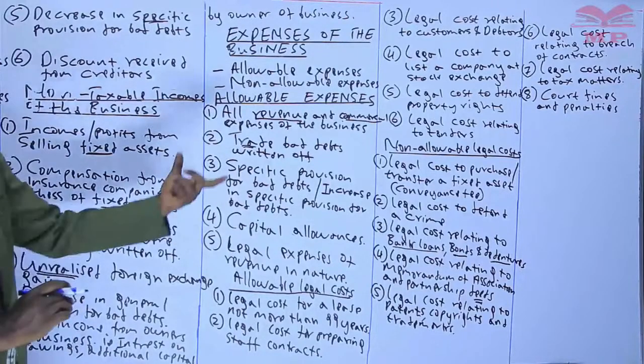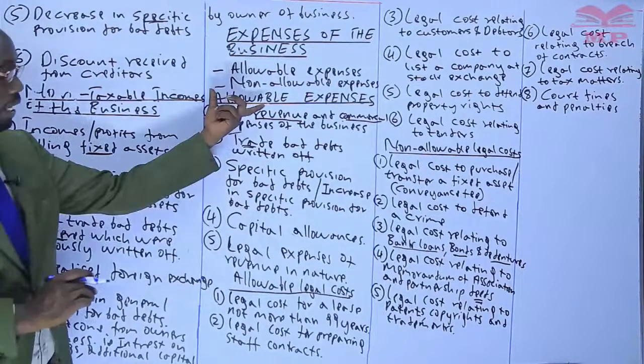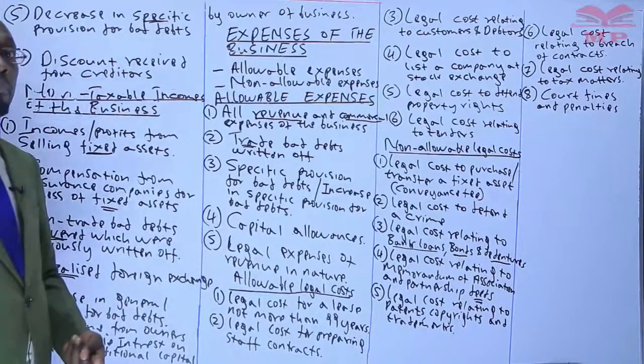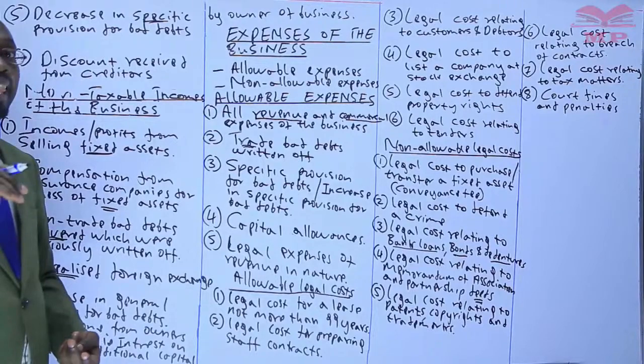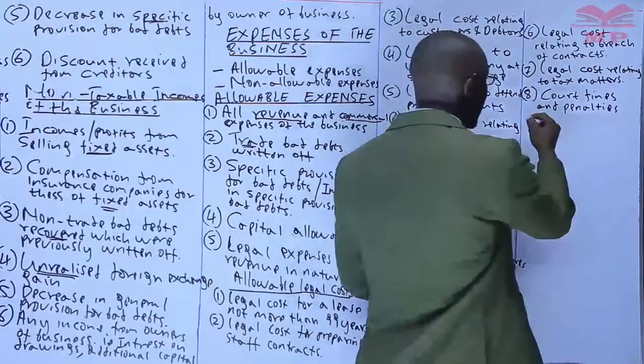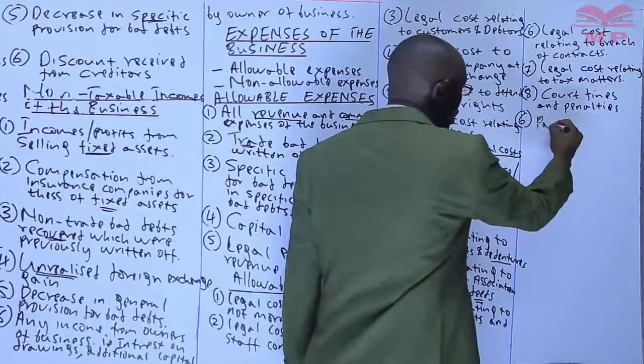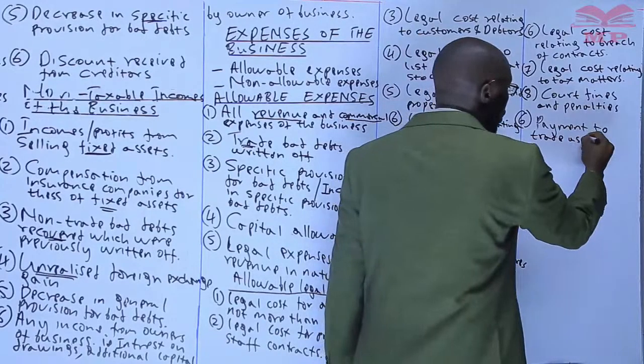So we go back to the list of the allowable. After number 5, we have number 6, another allowable expense of the business. Number 6, payment to trade associations.